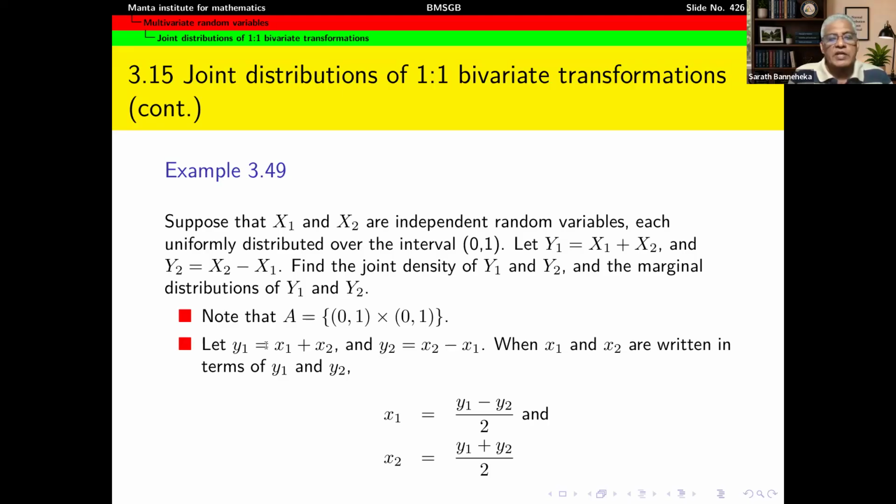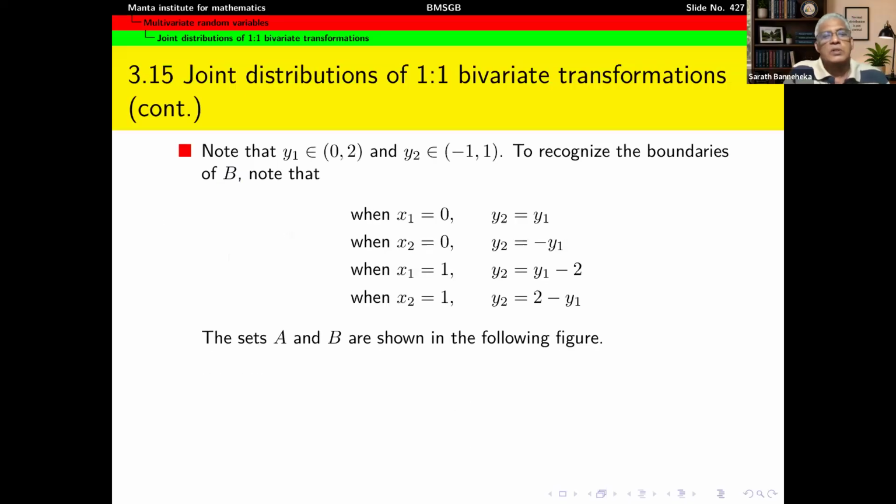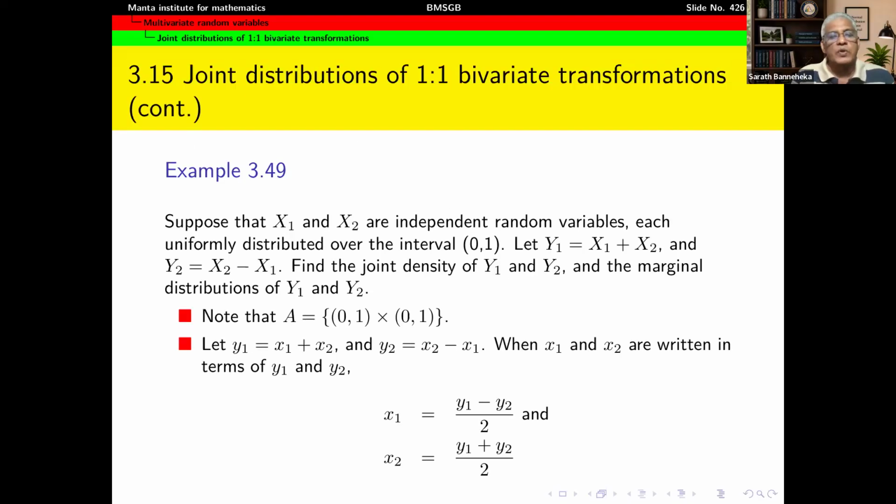So you can see that for any x1, x2 point, y1, y2 gives you a unique value, right? And for a given y1, y2, you can get a unique x1, x2 value. So what is the set B here, right?